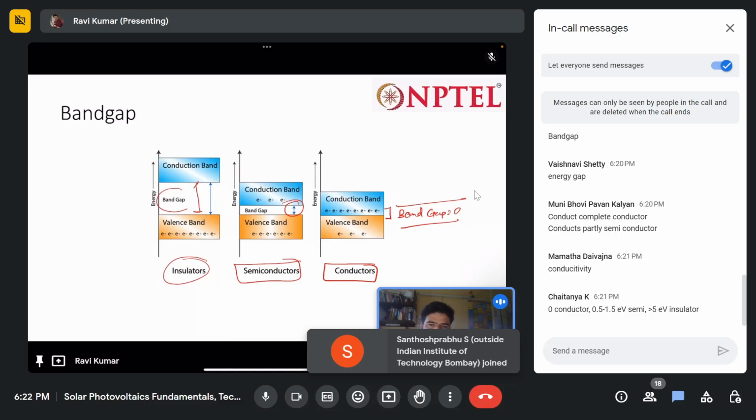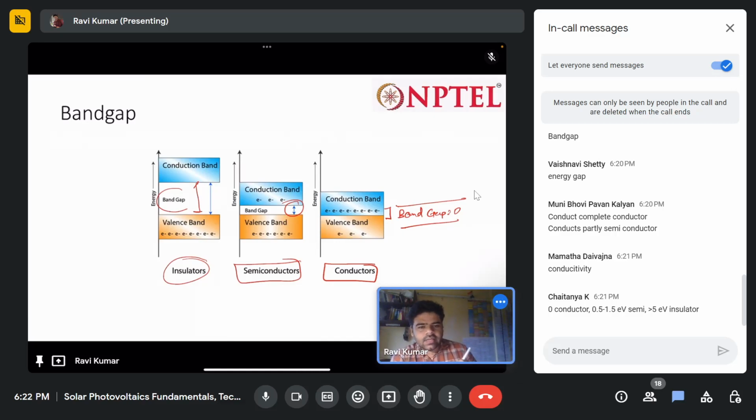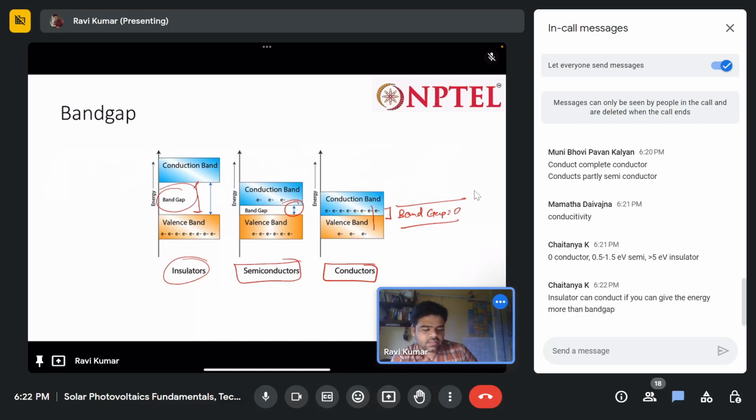Okay, I'll tell you. An electron will jump from the valence band to the conduction band with energy more than the band gap. Yes. And if energy more than the band gap is not available, then those will not conduct.